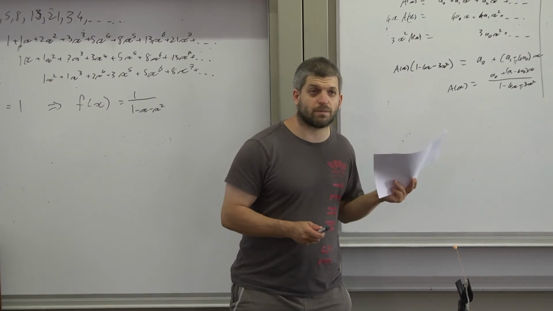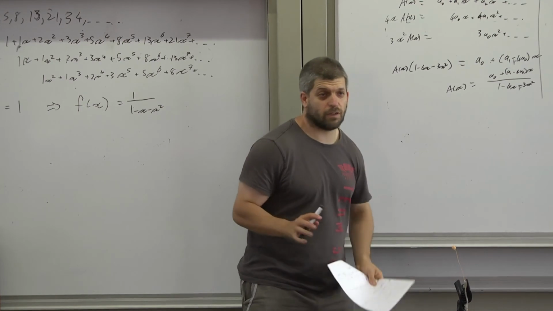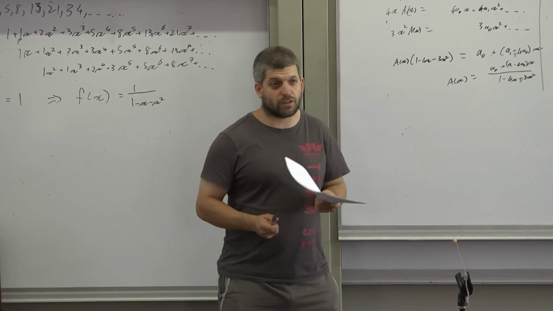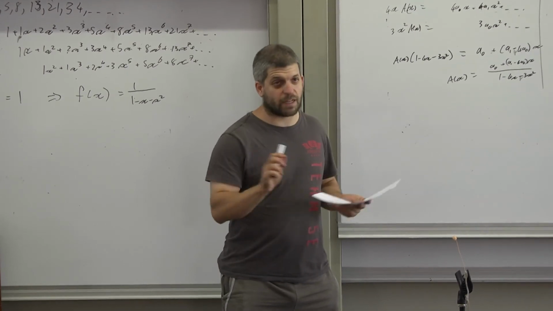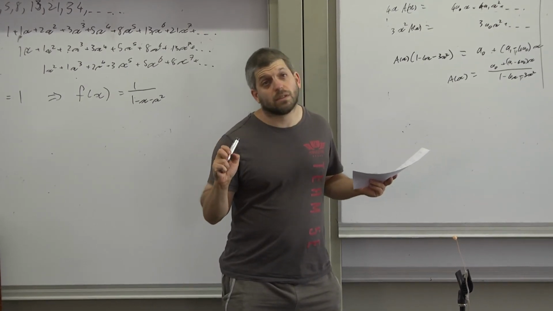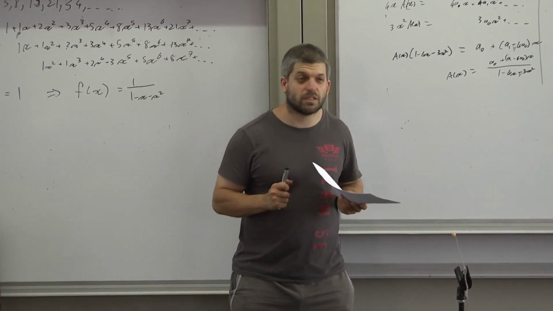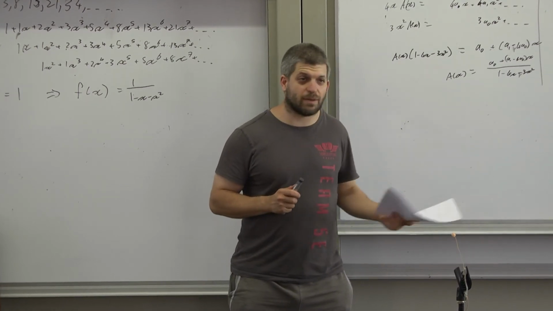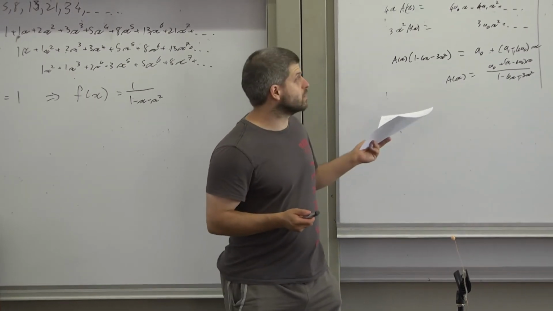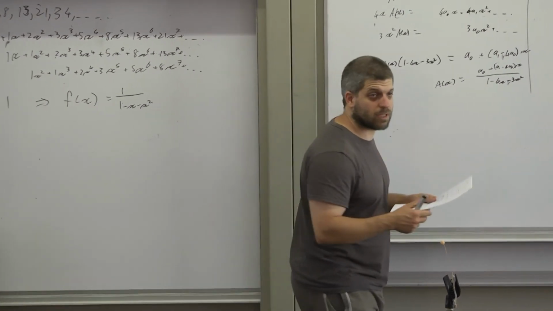If you know this stuff and you got that PAMA question, you could literally apply it and you'll be done. That was quite a nice series, so you might have done better by just looking for a pattern, but you can throw this at it and you will be done in no time.